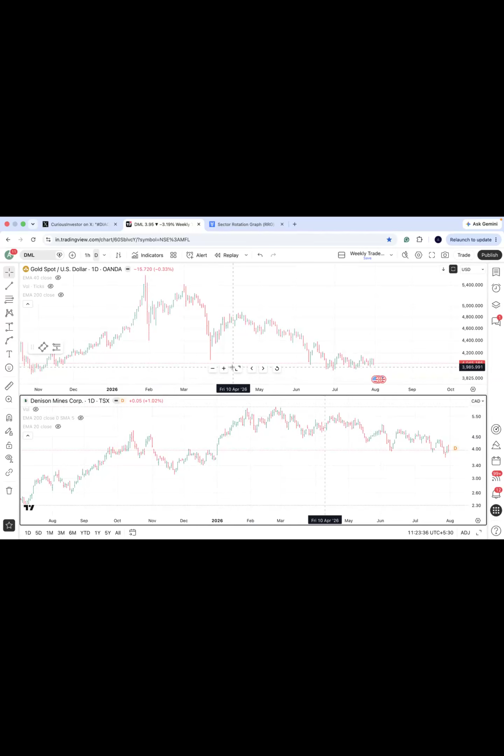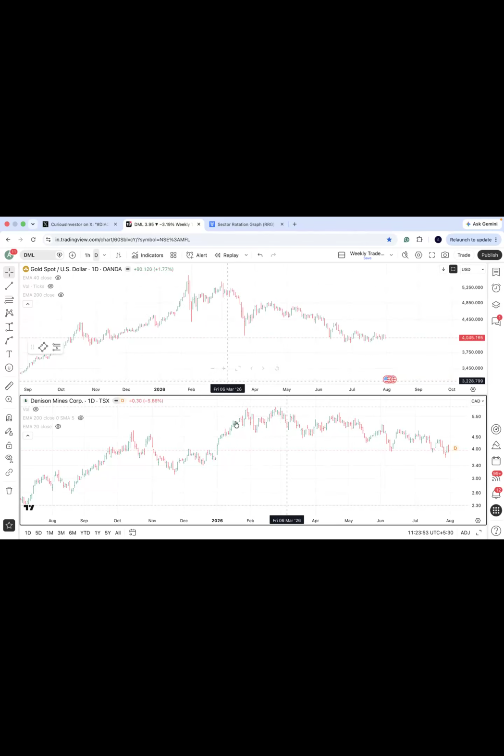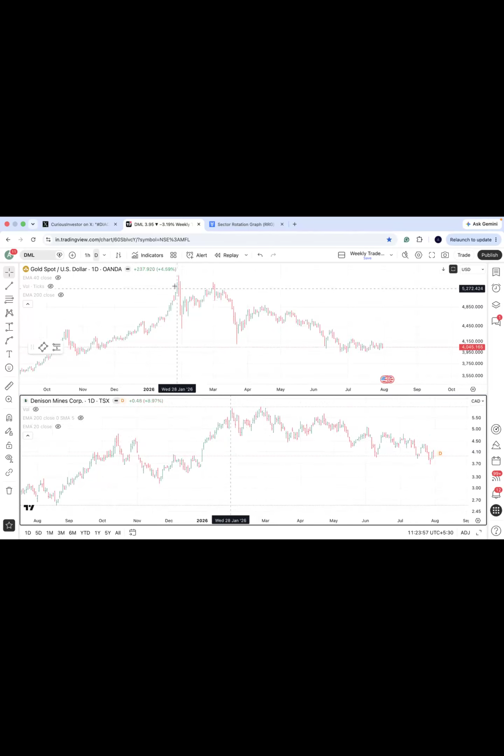So we have to recognize this. We discussed this earlier as well in our one to one. So Denison Mines we took a bet around $1.5 to $1.6. It went up to $3.5, and similarly gold has moved. Then when gold started correcting, we started selling this as well.